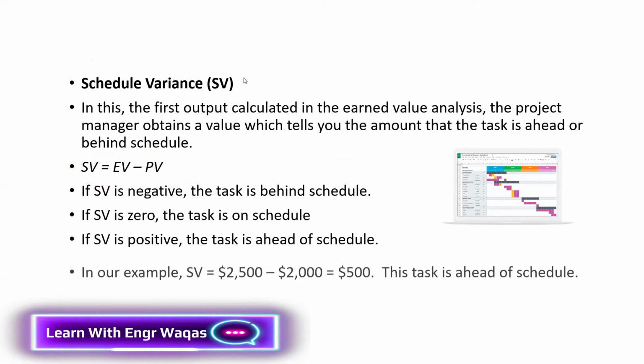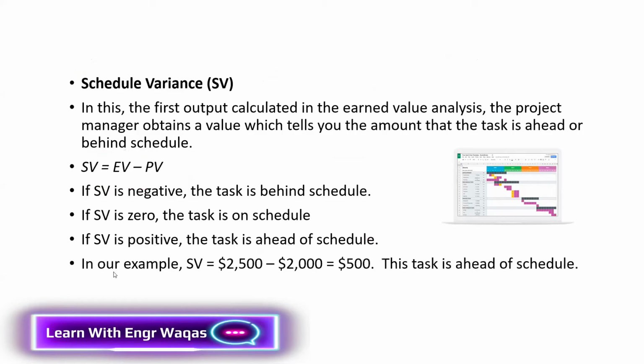like the same previous example. See, this was my earned value in the example. This was the planned value, and this is a positive value. What does that mean? It means that worth of this work done, I am ahead of my schedule. This work done is the positive thing. It is a bonus in my pocket.